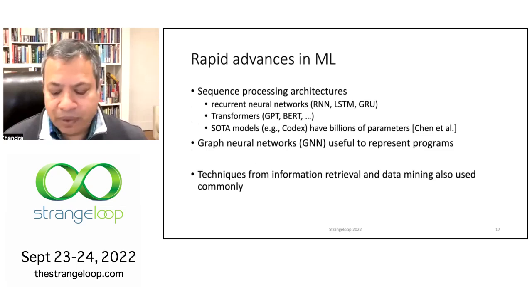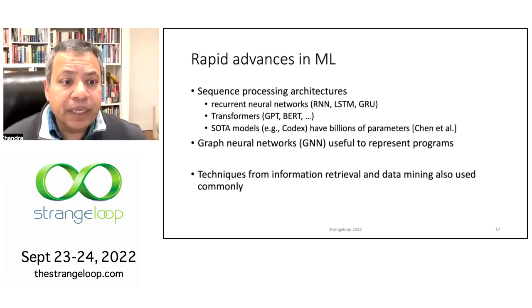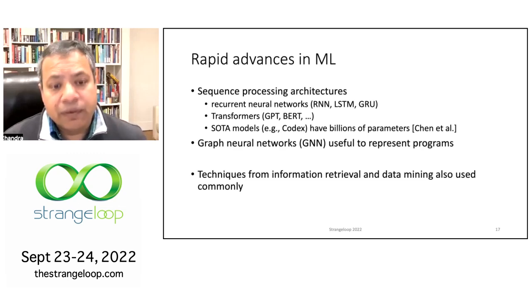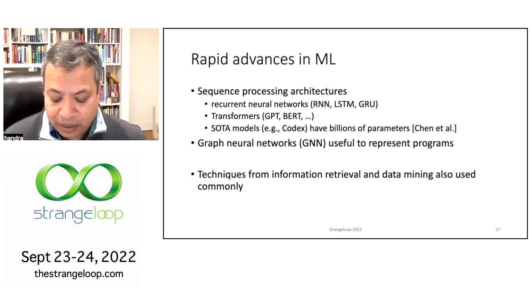Today, transformer models have billions of parameters. But there are other kinds of neural networks that are used as well. For example, graph neural networks that are quite useful to represent programs. And then leaving aside just the neural networks or deep learning, there are also techniques from information retrieval and data mining that come in handy from time to time.